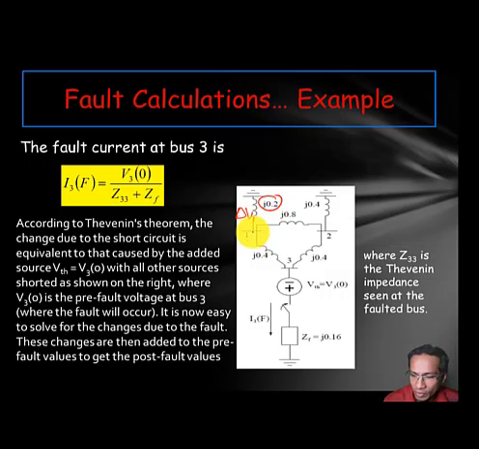During the faults there is a voltage drop because of the fault current flowing in this branch. The fault current is Ig1 in this case, so Ig1 times the impedance here gives the voltage change. Same goes here: the voltage change for V2 equals Ig2 times j0.4, the impedance over here.